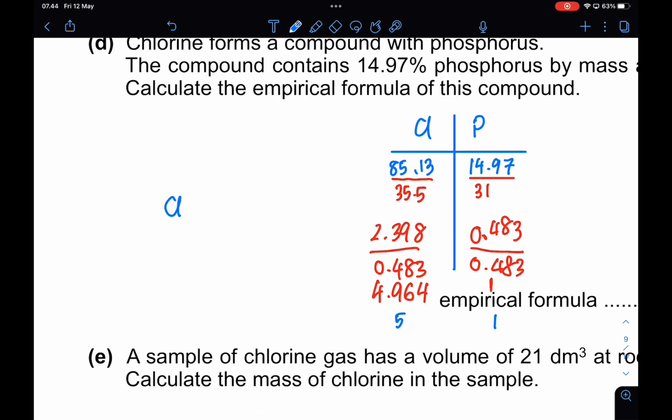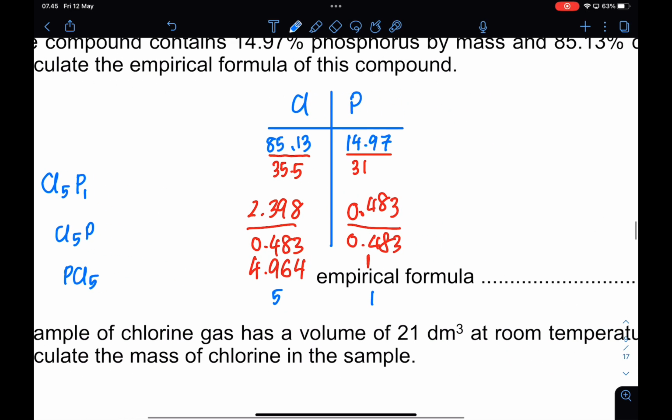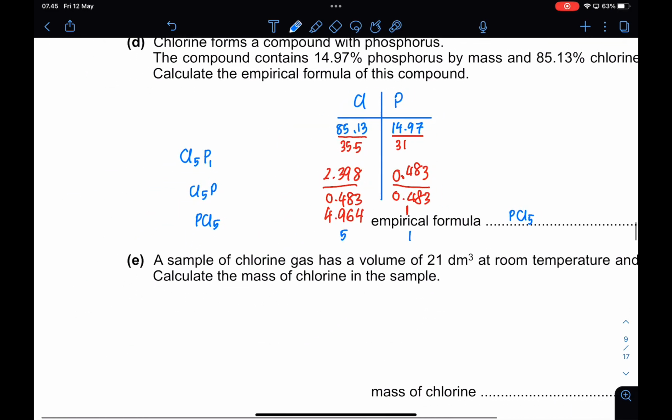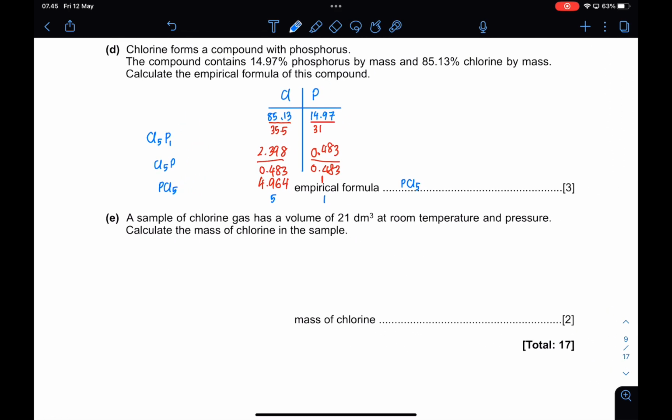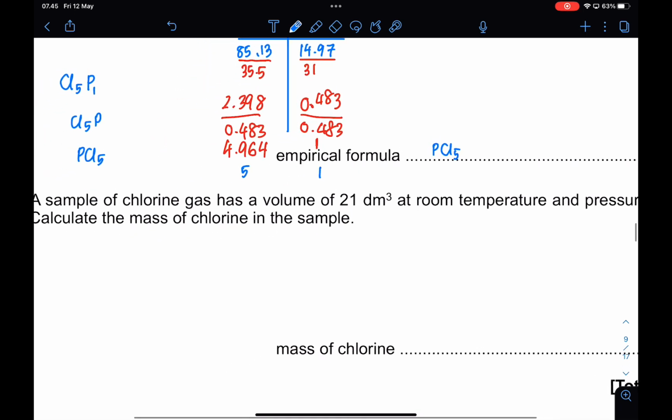So the empirical formula is going to be Cl 5, phosphorus 1. Cl5P also can, but normally we will write PCl5. If you write Cl5P, it's okay, doesn't matter. So the empirical formula is PCl5. The ratio of phosphorus to Cl is 1 to 5.